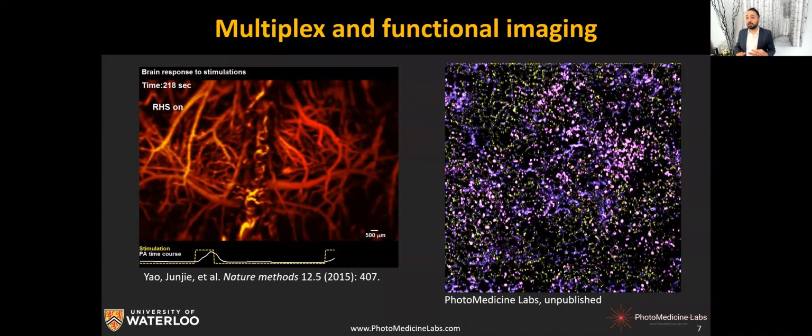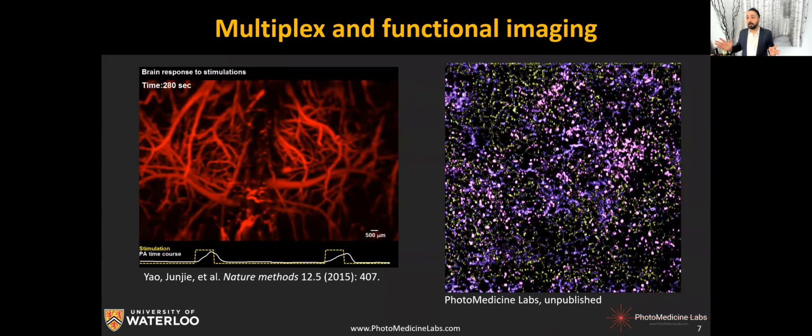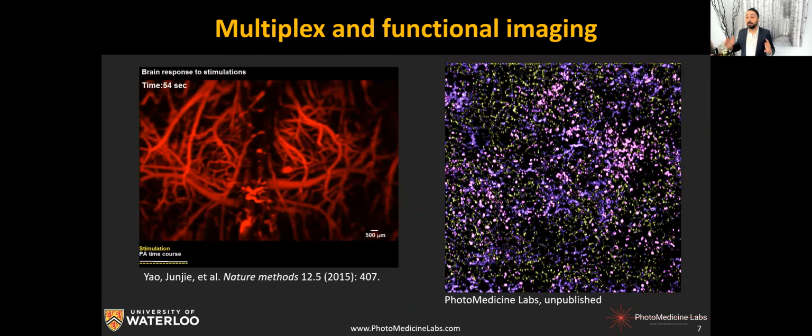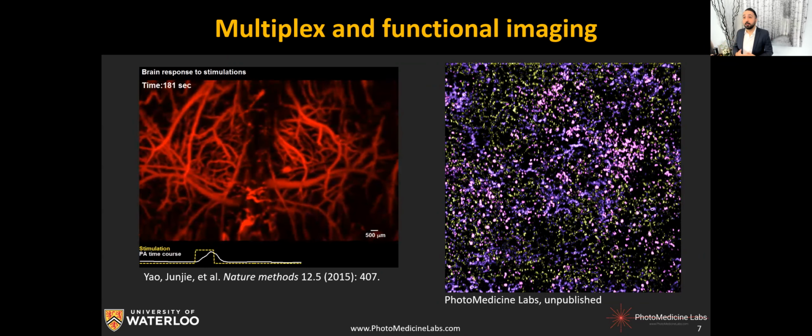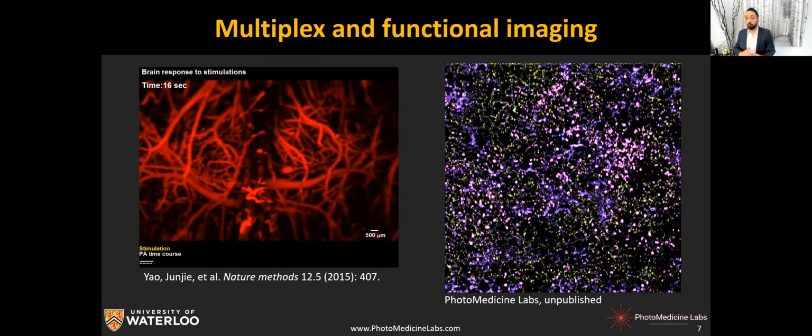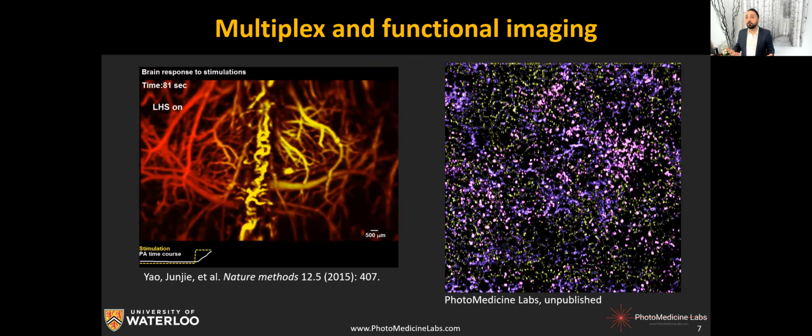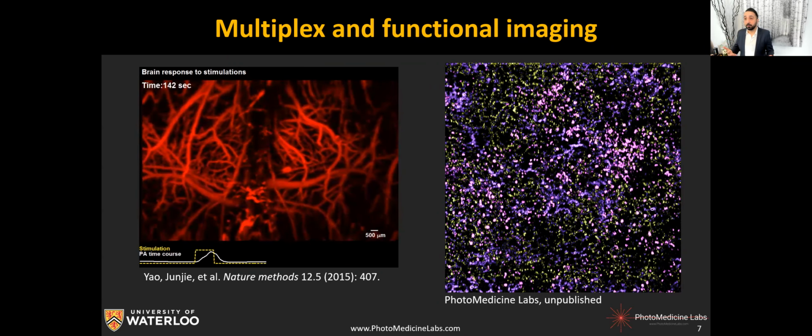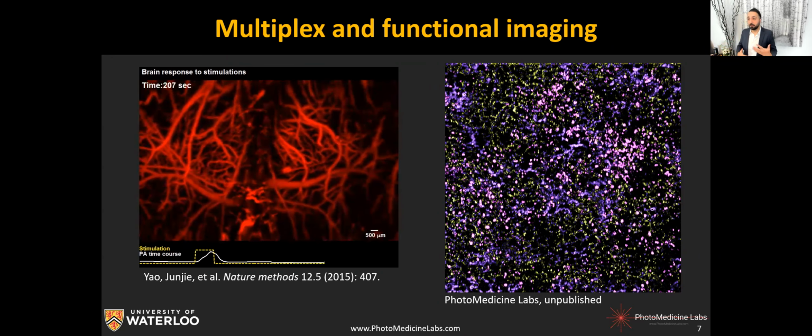We can simply select different chromophores, image them, unmix them, and show them in one image. So now it's very unique because it provides us with a rich amount of information for several different preclinical and clinical applications.